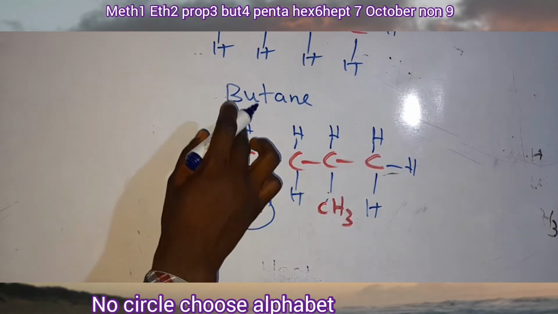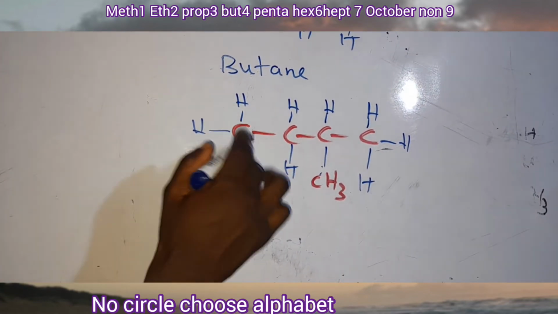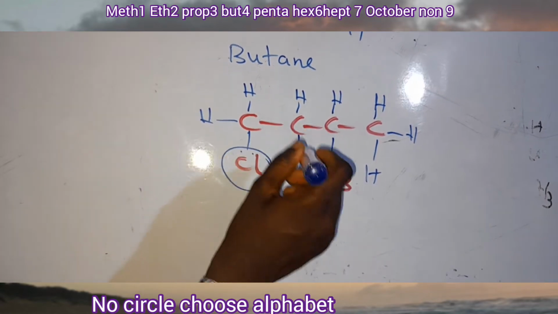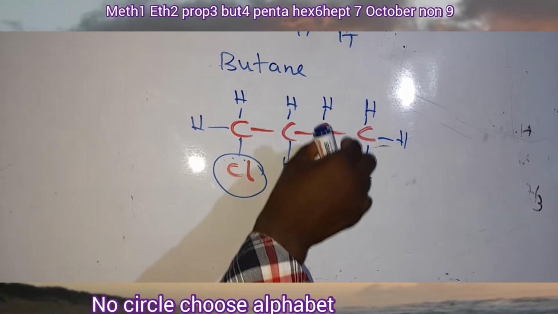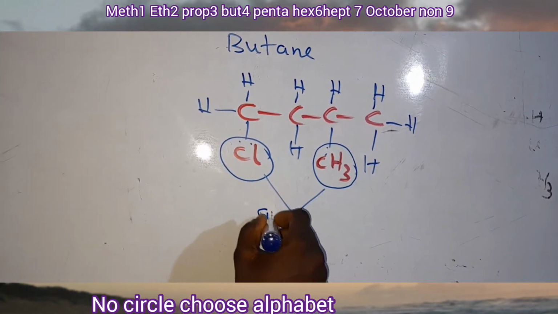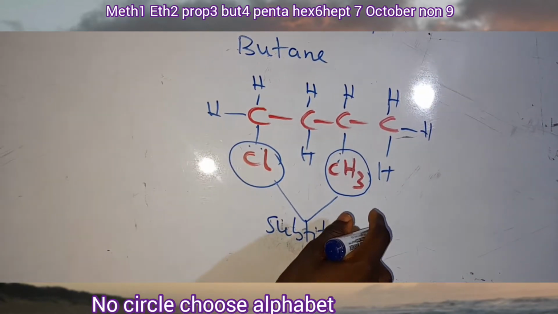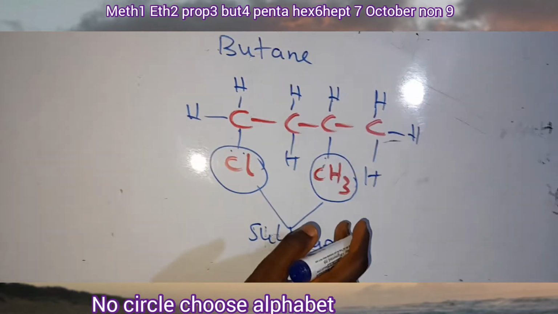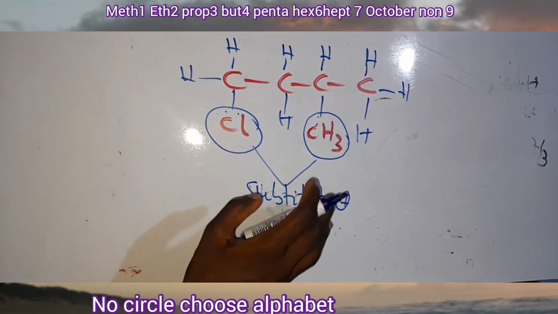Substitution is replacing hydrogen. So anytime you have 1 or 2 atoms replacing a hydrogen atom, we say that one becomes a substituent. So this one is also a substituent, because it is replacing a hydrogen atom. So these two are called substituents. A substituent is an atom or group of atoms replacing hydrogen atom. So that becomes a substituent.